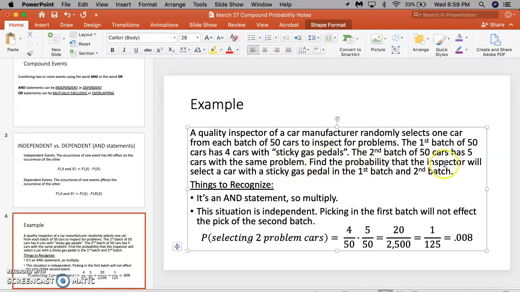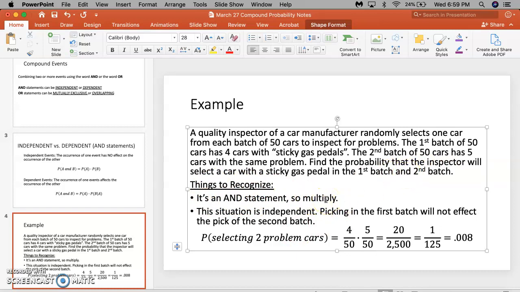Find the probability that the inspector will select a car with a sticky gas pedal in the first batch and the second batch. Things I want you to recognize: this will not be given to you, you will only be given the word problem. I'm giving it to you so you can see. Some things you have to recognize are, it's an "and" statement, so that means we're going to multiply.